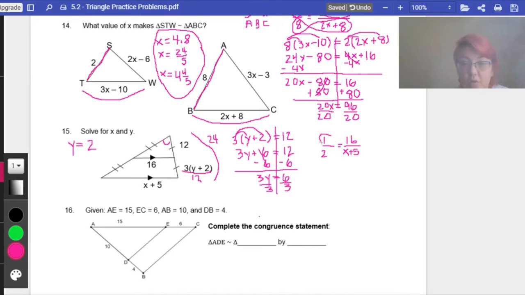So now 1 times x plus 5 is x plus 5, because 1 times anything is itself. 16 times 2 is 32.